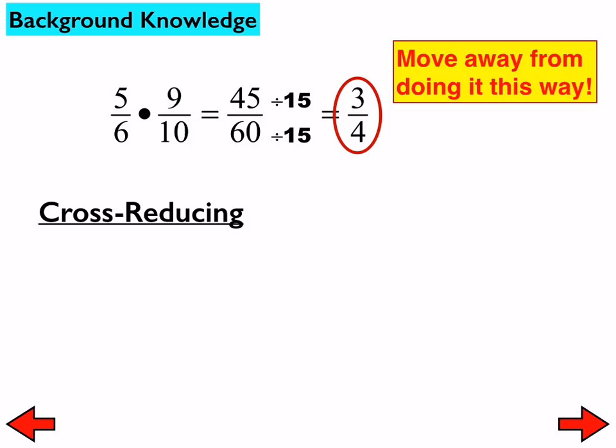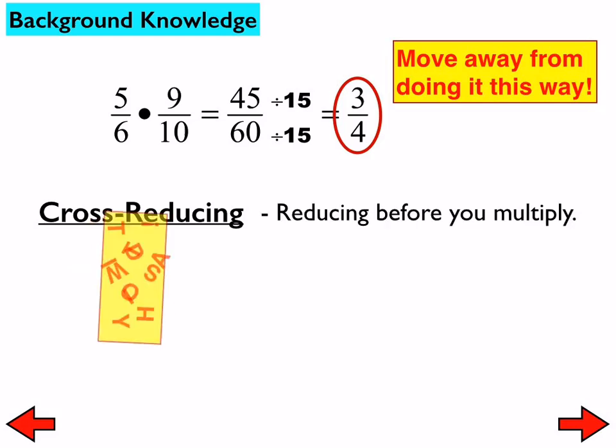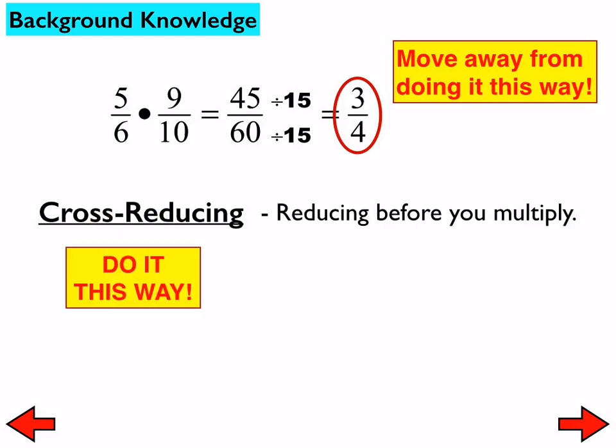What you should do is you should cross-reduce or cross-divide or cross-cancel, or however you want to phrase that. But what you're allowed to do here is you're allowed to reduce diagonally, because you're reducing a number from the top with a number from the bottom. So in this problem, this is the way that all of you should be looking at it. 5 goes into 5 once and 10 twice.